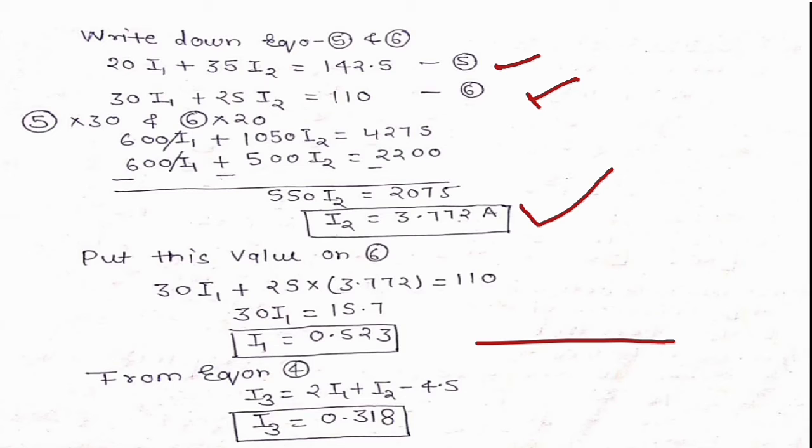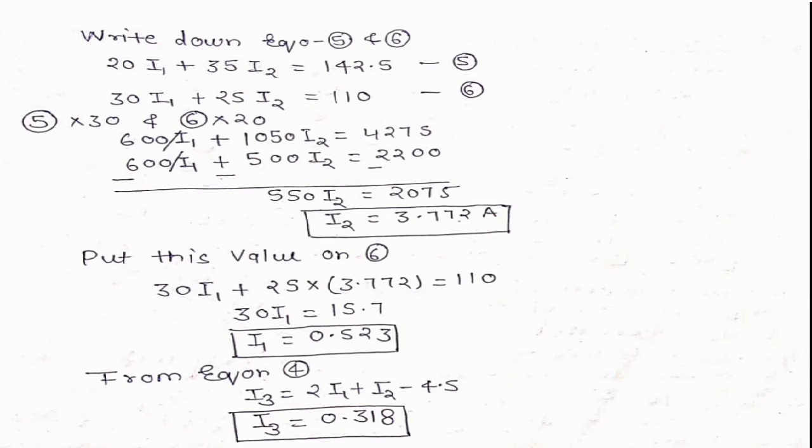When you get I2, you put this value in equation number 6. Then 30 I1 plus 25 times 3.772 equal to 110. Here you see 30 I1 equal to 15.7, that means I1 equal to 0.523.